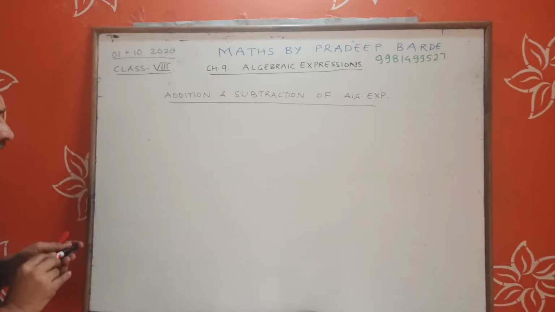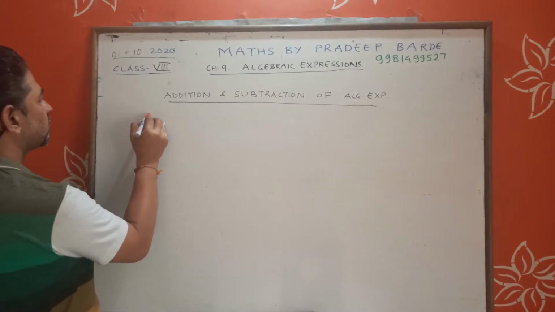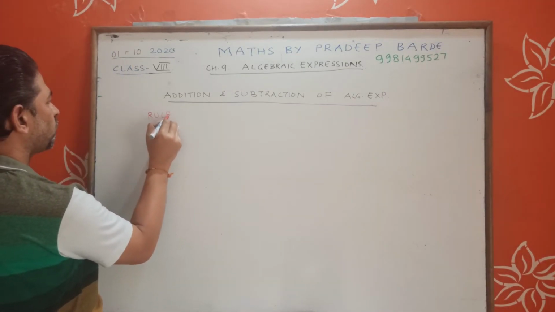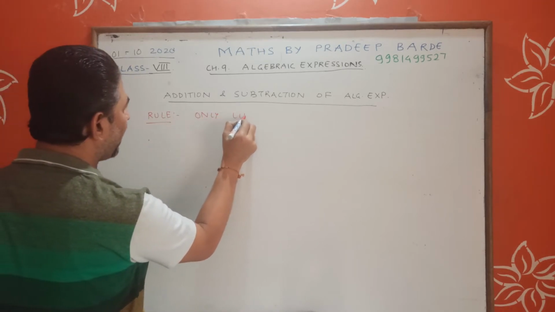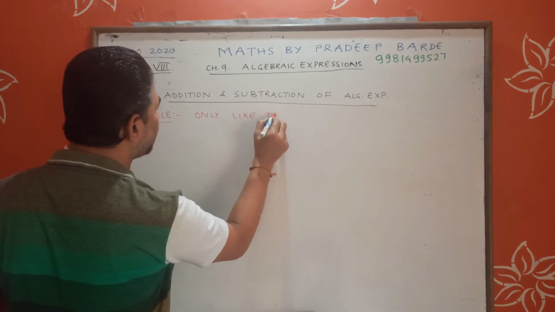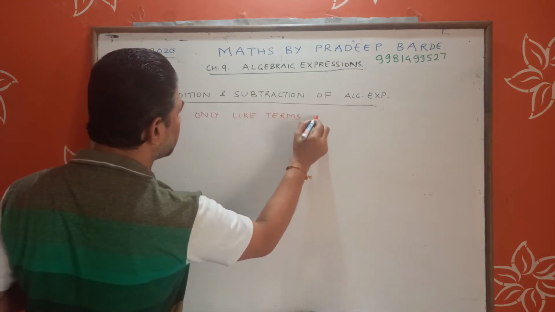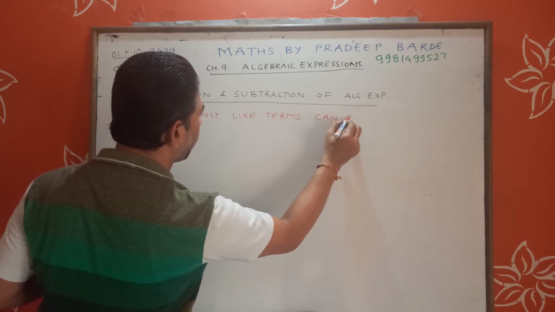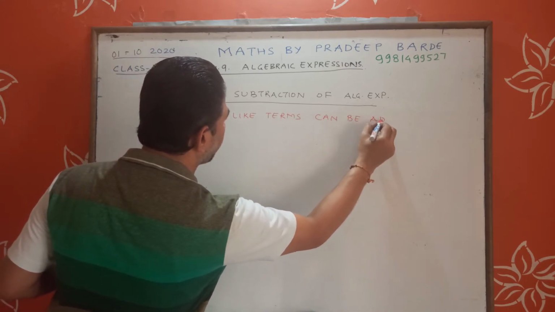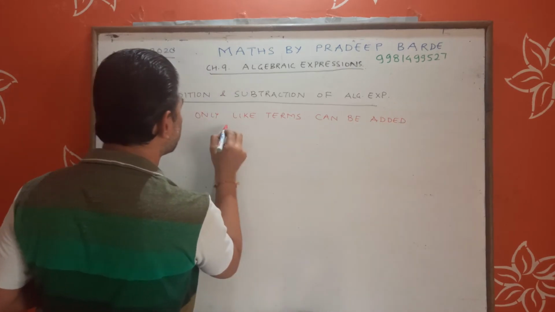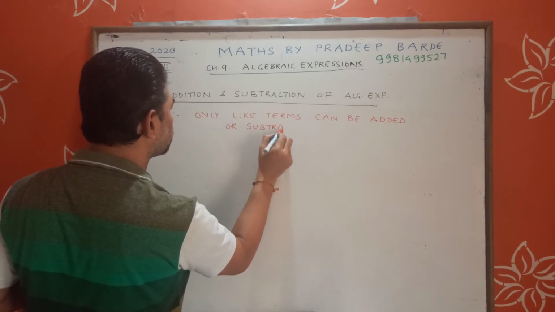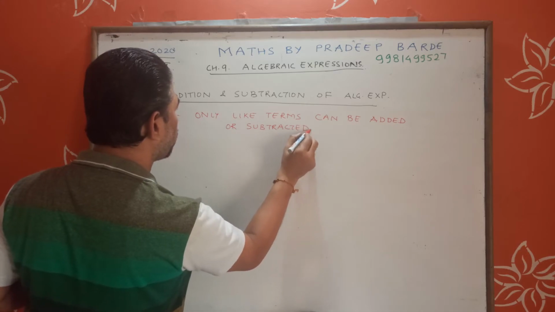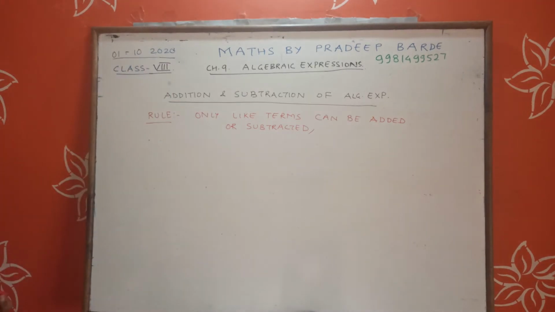The rule for adding and subtracting is: only like terms can be added or subtracted. Only like terms can be added or subtracted.